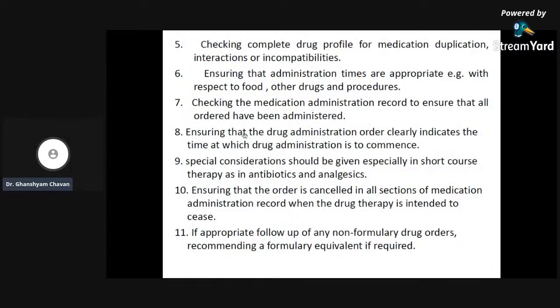Ensure that the drug administration order clearly indicates the time at which drug administration is to commence. This is very, very important. As I told you recently, we should ensure what the time of drug administration is and at which time we are taking it. If a drug is specified for the morning at 9 o'clock, you must take it at 9 o'clock.